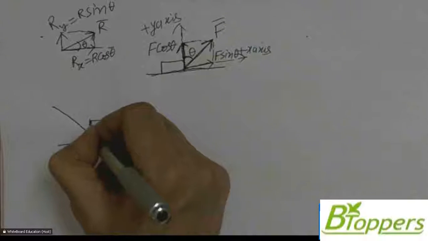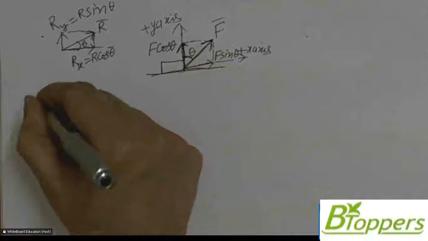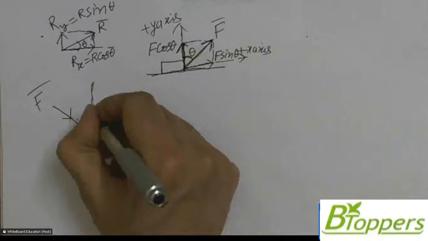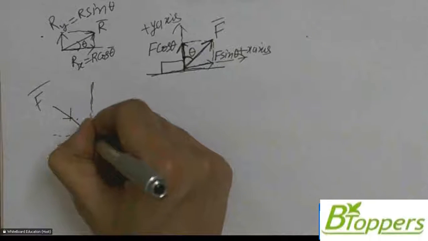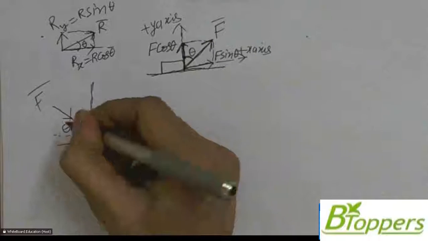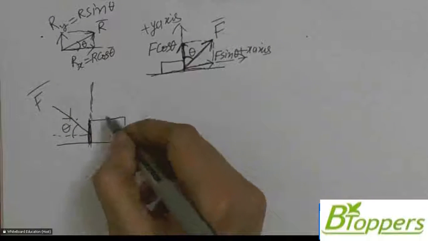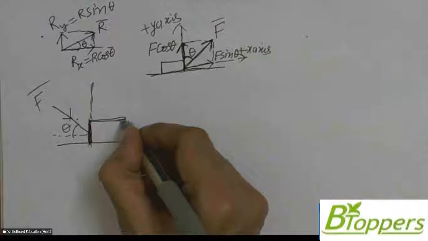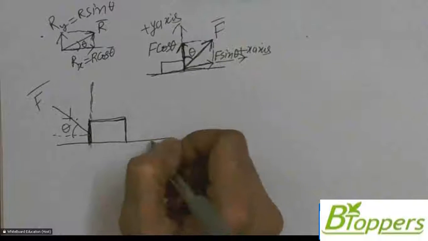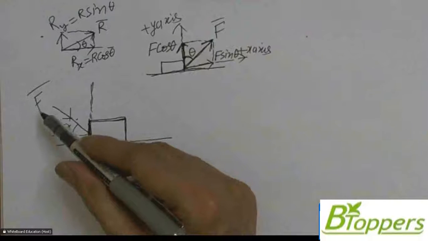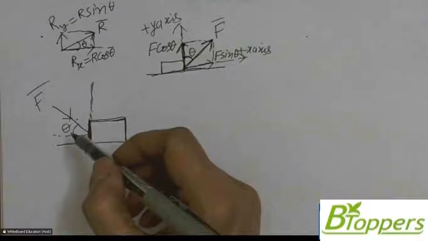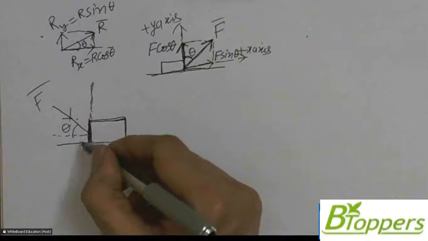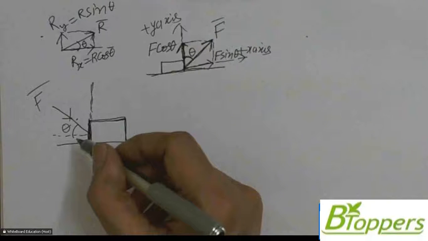For example, if a pushing force F bar acts on the block in this direction, that means here also the figure lies in the vertical plane. This block of mass is resting on the horizontal floor. The pushing force F bar is applied on the block at an angle theta with the horizontal as shown in the figure.